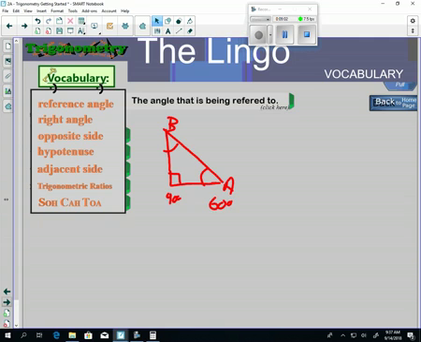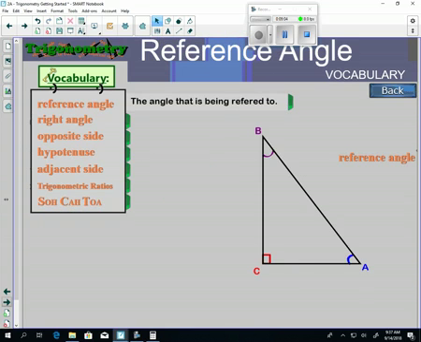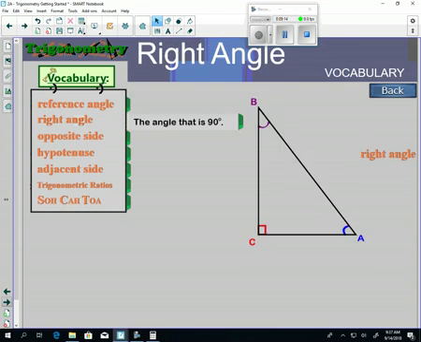The right angle, as we just said, is the angle that is 90 degrees. 90 degrees is going to be the right angle. Sorry, let's go back, I moved too fast. The angle that is 90 degrees right here is your right angle.